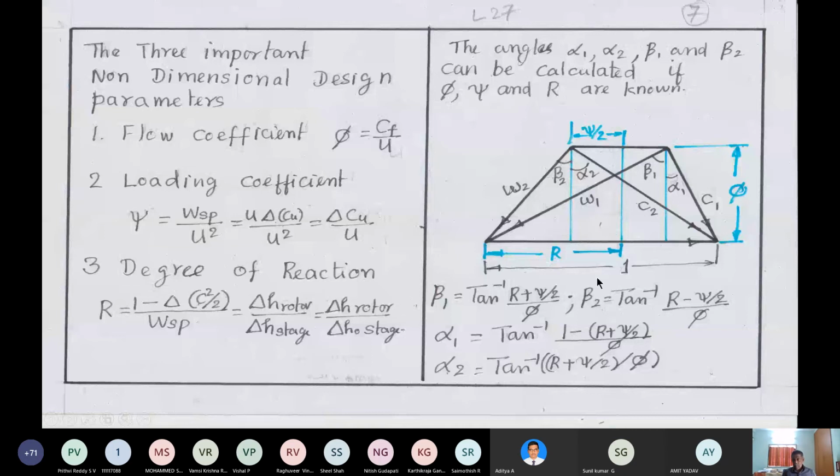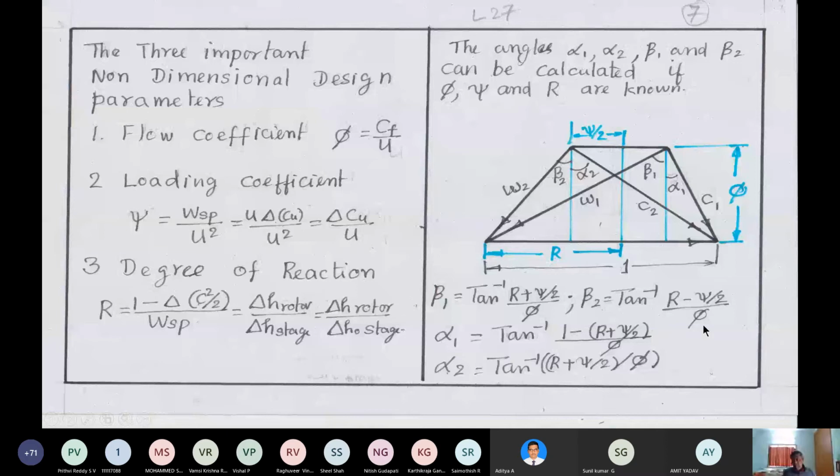So tan beta 1 will be this base up to here divided by phi. Similarly, tan beta 2 will be a measure up to this point divided by phi. So the measure up to this point will be R minus this portion, which is psi by 2. R minus psi by 2 over phi.